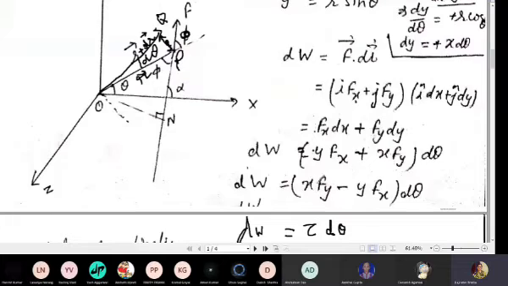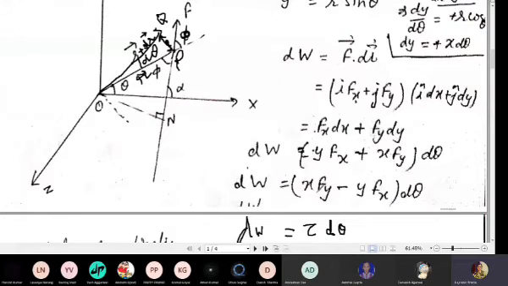I can write it as dW equals x fy minus y fx into d theta. So this was my aim. I was willing to write the work done in terms of the angular displacement. In place of dr, I am able to write it in terms of d theta. When I am moving from P to Q, d theta is the angular displacement.